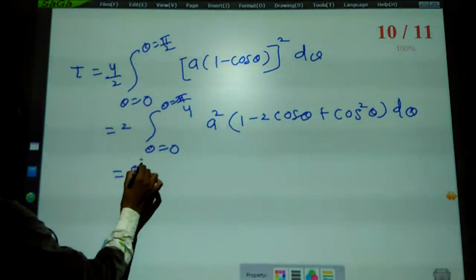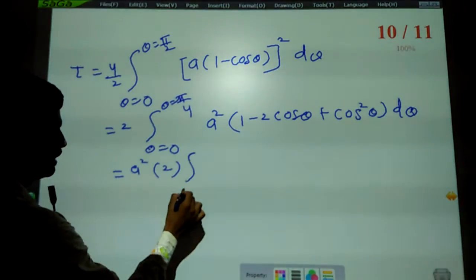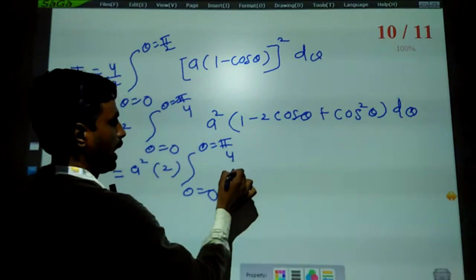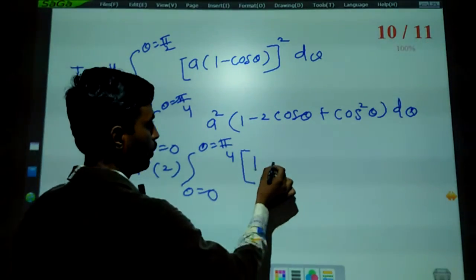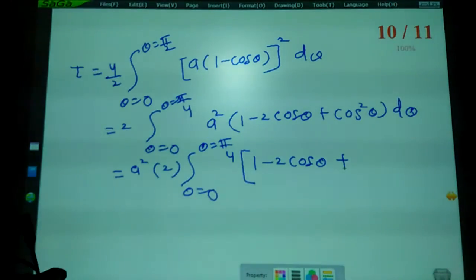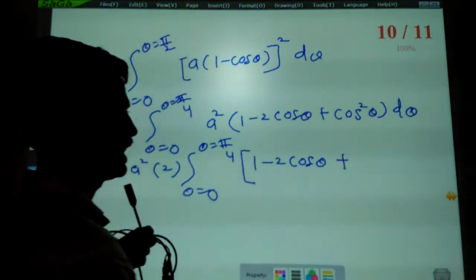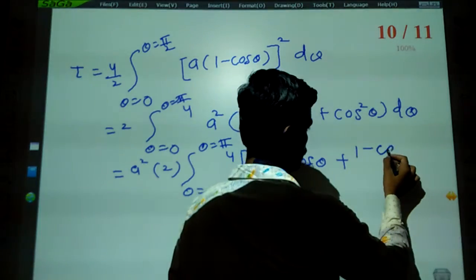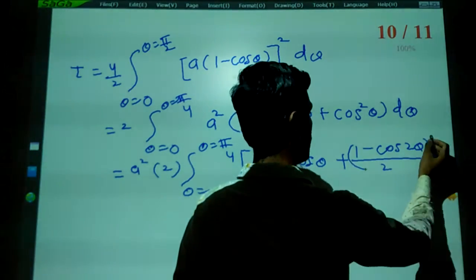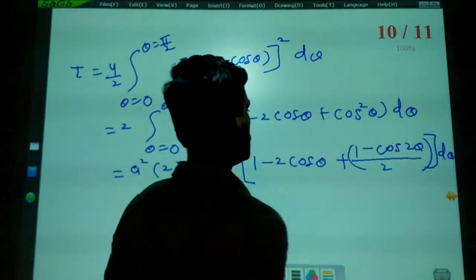So a square is a constant, 2 as it is, theta equal to 0 to pi by 4. What is remaining? 1 minus 2 cos theta, and the formula for cos square is 1 minus cos 2 theta divided by 2. Okay.